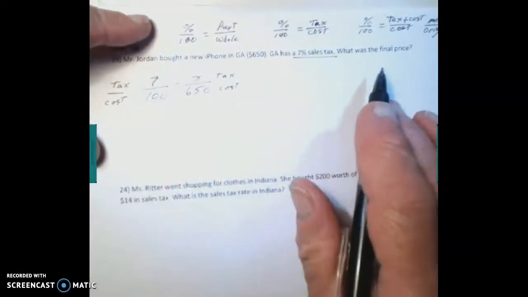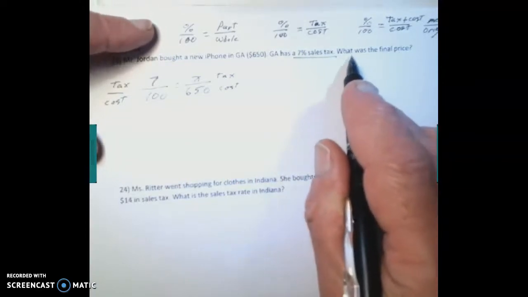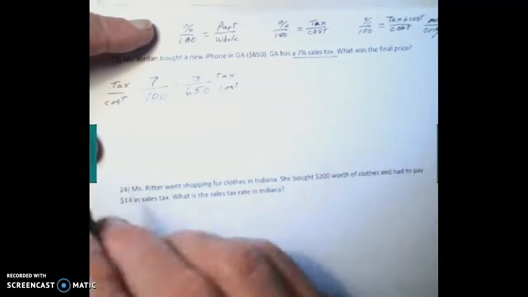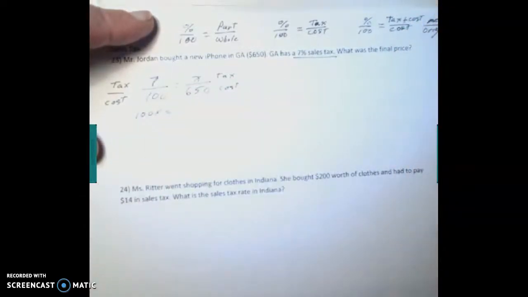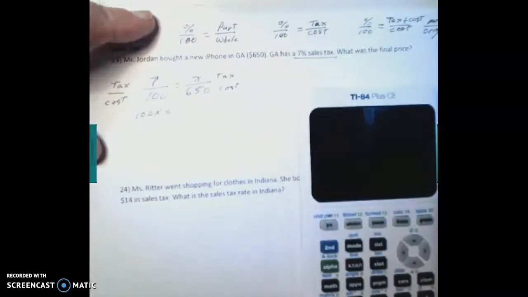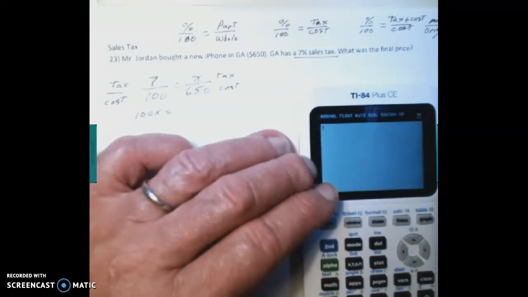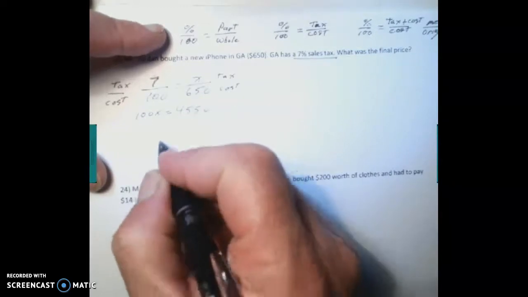And I'm warning you about that because notice, it's not asking you for how much tax. It's asking you what was the final price, what was the final amount he had to pay. So solve this problem, cross multiply, you get 100x equals 7 times 650, which is 4550.